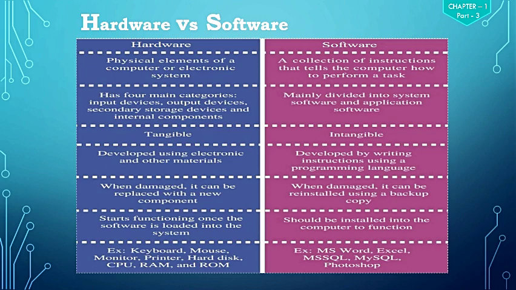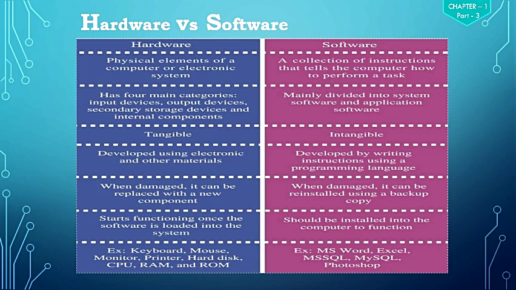Hardware is developed using electronic and other materials, whereas software is developed by writing instructions using programming languages like C, C++, Java, etc. Hardware, when damaged, can be replaced with new components, but software, when damaged, can be reinstalled using the backup copy. Hardware starts functioning once the software is loaded into the computer.